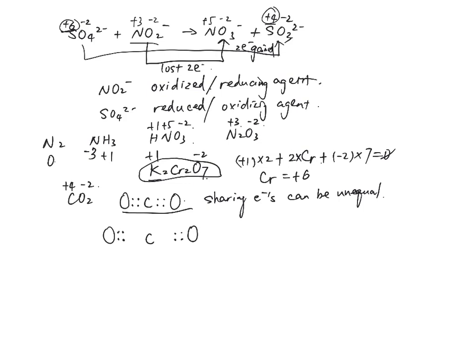But oxygen is sharing 2 pairs with him and really kind of taking the electrons away from carbon, and the other oxygen took another 2 electrons away from carbon, and that gave carbon the +4 oxidation number. It feels like carbon lost 4 electrons. Now, did it really?